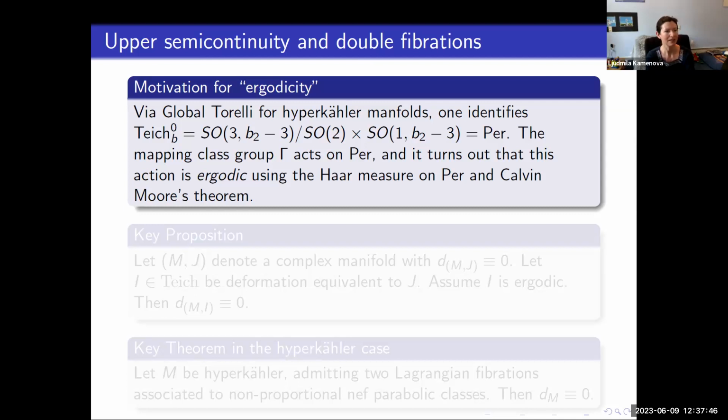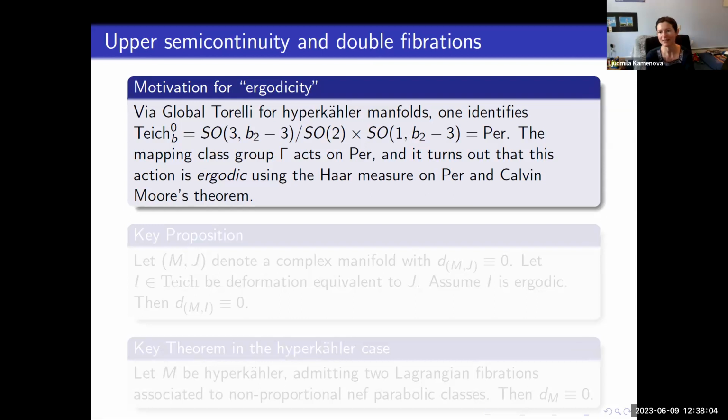And so this defines an equivalence relation. So you take the Teichmüller space, and you make it Hausdorff by taking the quotient by this relation, and then you take a connected component.